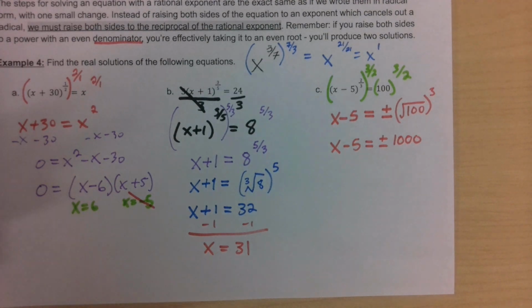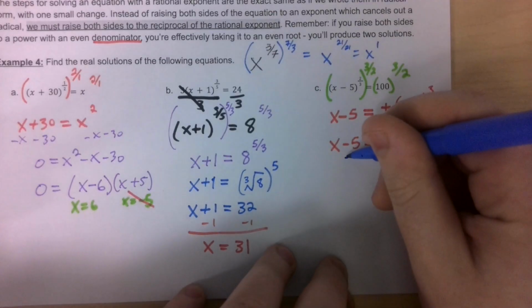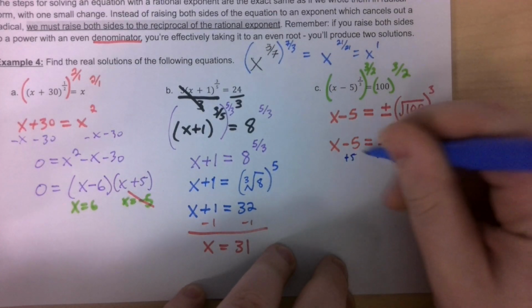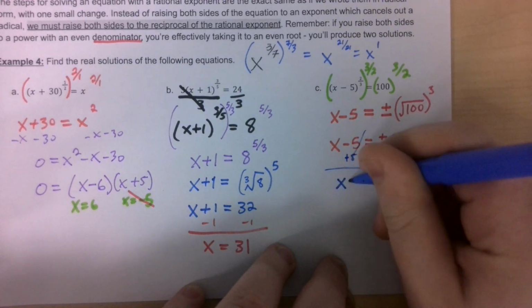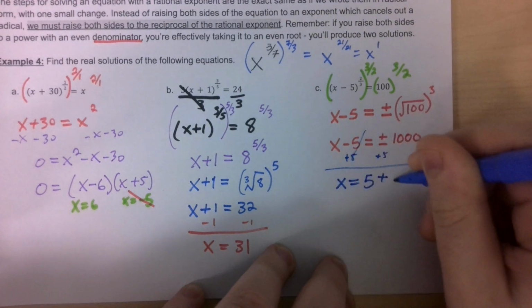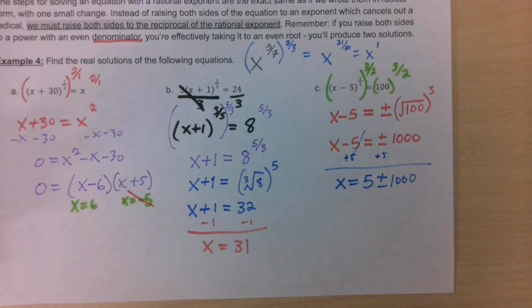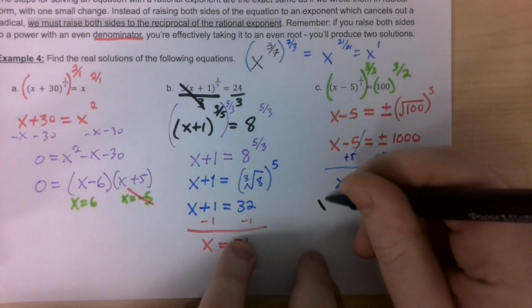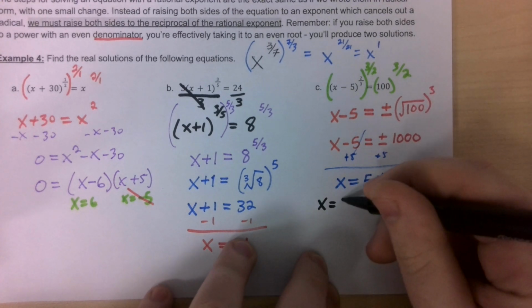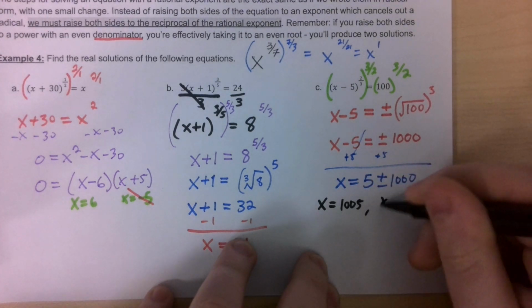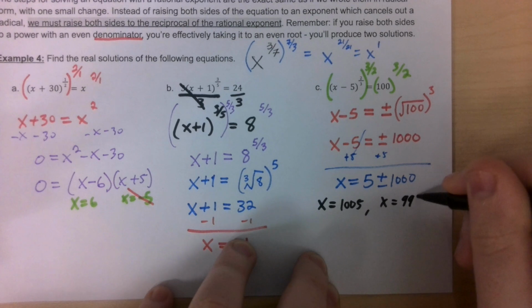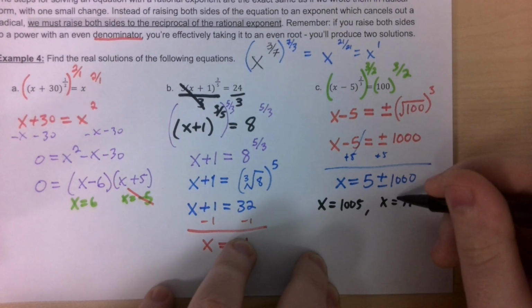From here, we would need to add 5 to both sides to get rid of the minus 5, giving us x equals 5 plus 1,000 and 5 minus 1,000. Our answers are x equals 1,005 and x equals 995. Or sorry, negative 995. My bad.